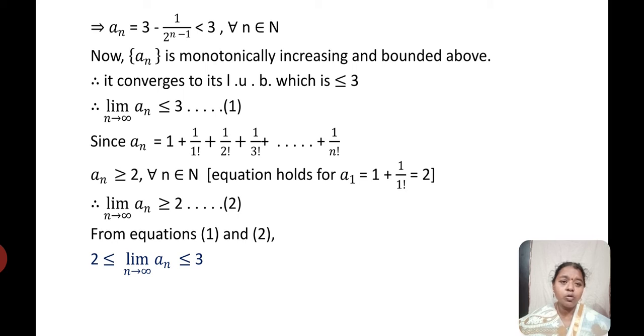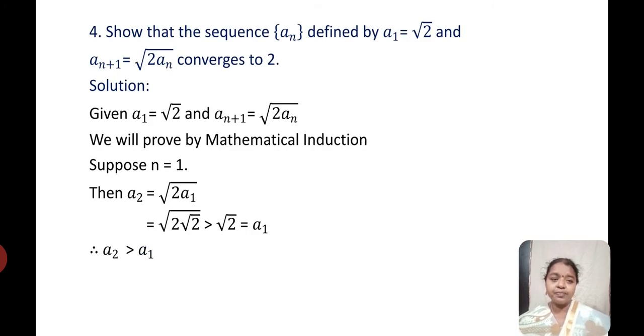The equation holds for a1 which is equal to 2. Therefore, limit n tends to infinity an is greater than or equal to 2. From equations 1 and 2, I can write 2 less than or equal to limit n tends to infinity an, which is less than or equal to 3.